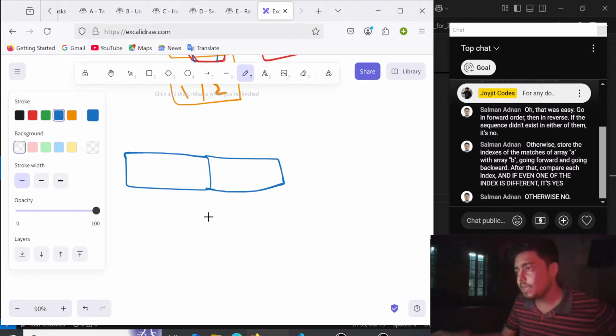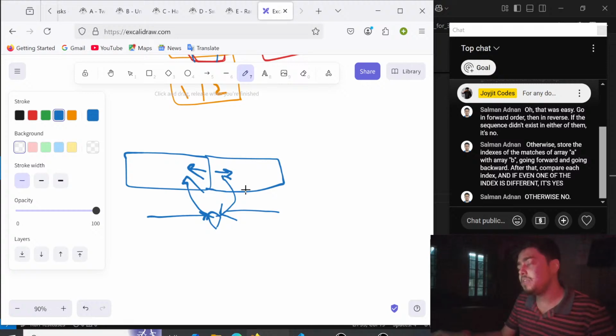Now let's say there is an index which, when you sequentially went from left to right, you found at any place before this. And when you went from right to left, you found this index after this. Which means that you can take any one of them. You can take either this or this, and that will be a valid thing, right? So that's it.